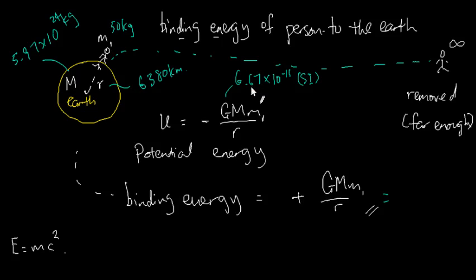G is this number, the mass of the Earth is here, the mass of the person is 50 kilograms, and the radius of the Earth is this value. Remembering to convert kilometers to meters in SI units, we can substitute into this formula and find an answer.